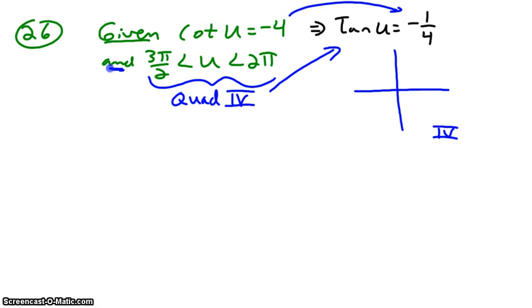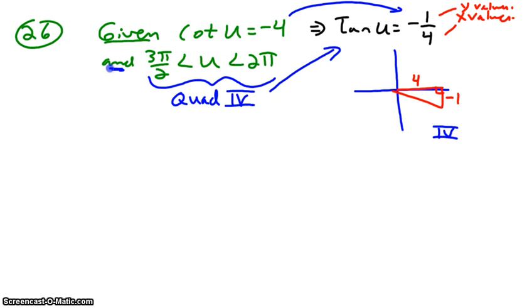Well, we'll have a distance for my x value of 4 and my y value will be -1. So I will have a right triangle with two legs of 4 and -1.